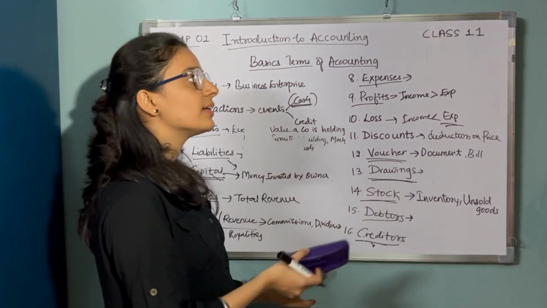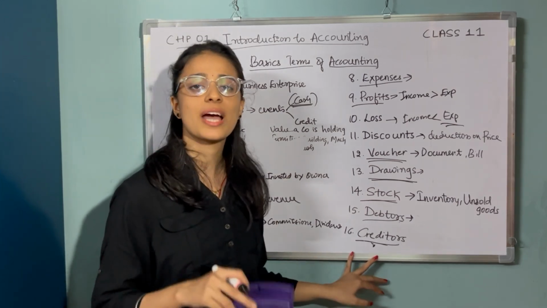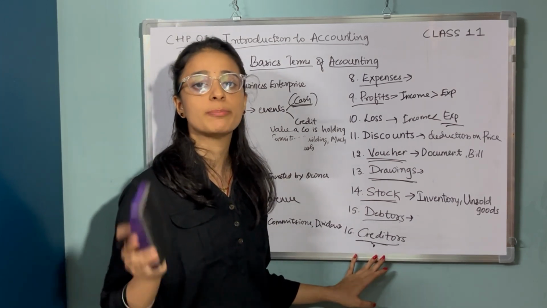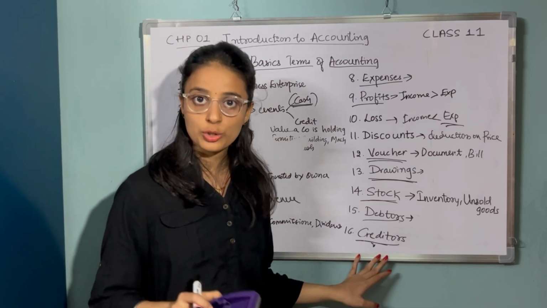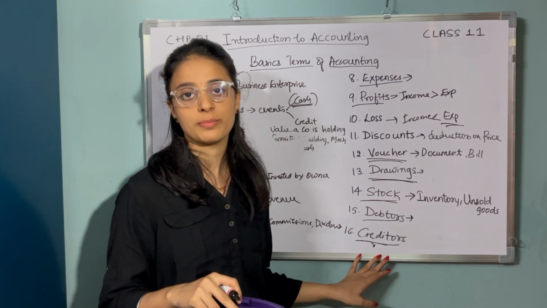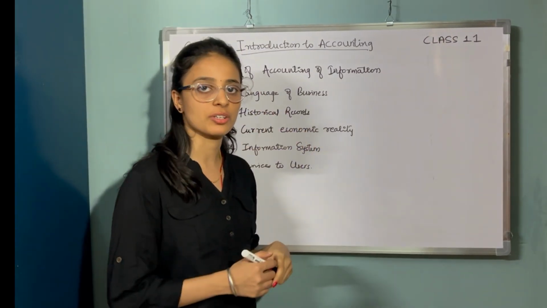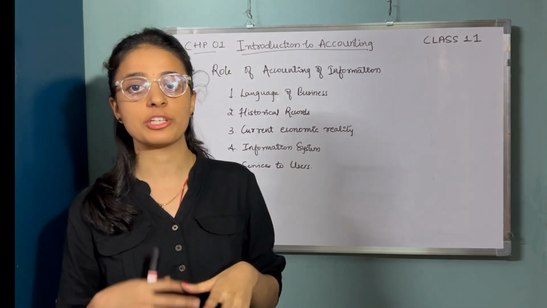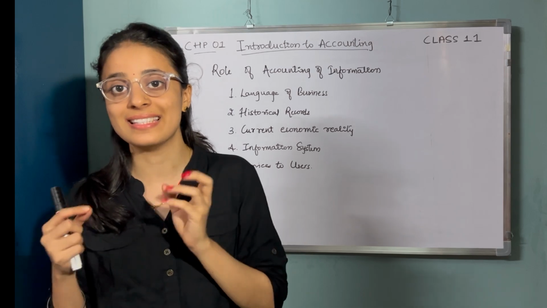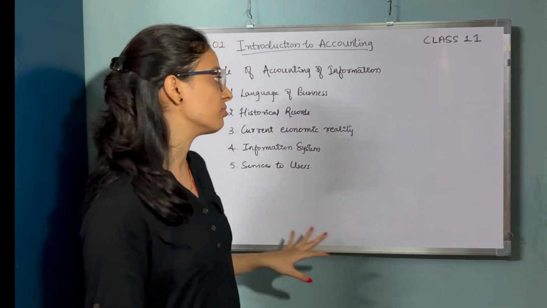These are the different terminologies, or basic terms, of accounting, which I think are very important before we proceed into the next chapters. So now we will look into what are the roles of accounting information. Role of accounting information means why is this accounting information useful, and how is this information used by the users of accounting information.